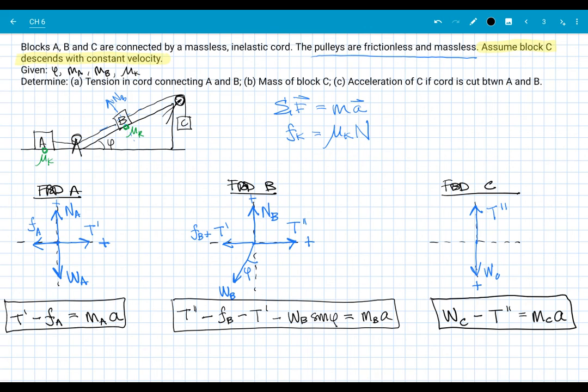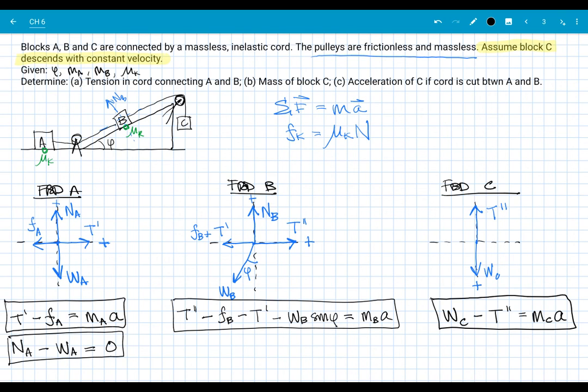Let's do our y statements. We need those as well. So I'll do that for block A: normal force minus the weight of block A. And in this case, my acceleration in the y is going to be 0, so I can just go ahead and fill that in right here.